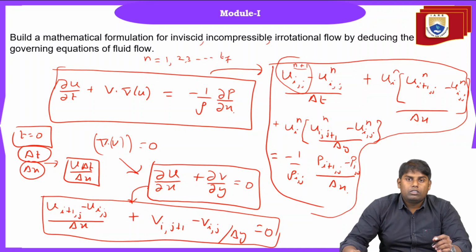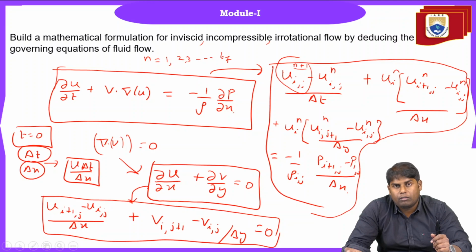Fine. So with this, we have seen one problem case for module one, where we have discussed the inviscid, irrotational, incompressible flow, which is the expression built from the general governing equations. We have seen that the viscosity terms are negligible for inviscid, irrotational flow, whereas for incompressible flow, the density term for both the time derivative and the space derivative has to be neglected.